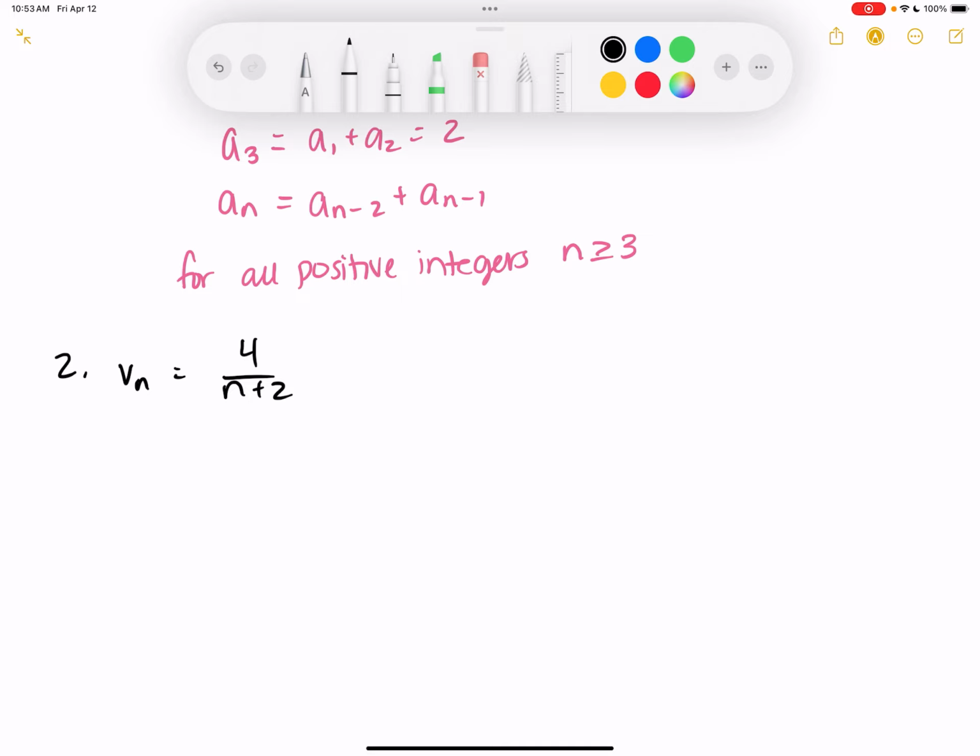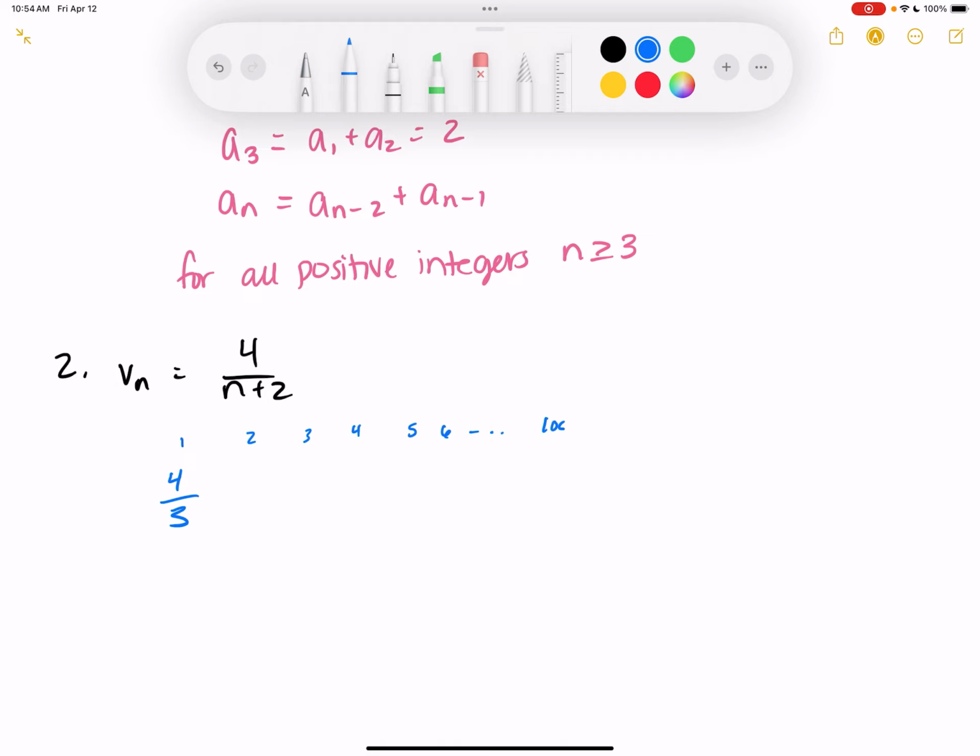So basically we're just plugging in for n, like 1, 2, 3, 4, 5, 6, and then 100 to get those terms. A big number. So if I plug in 1, what do I get? 4 over 3. The second term, I'm just going to label the terms like this.